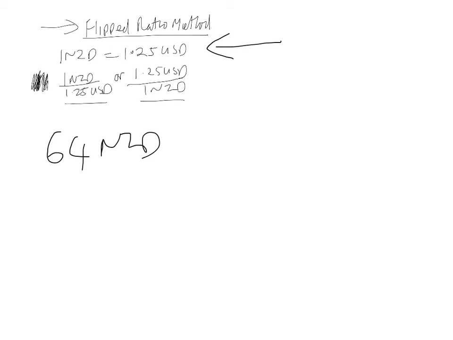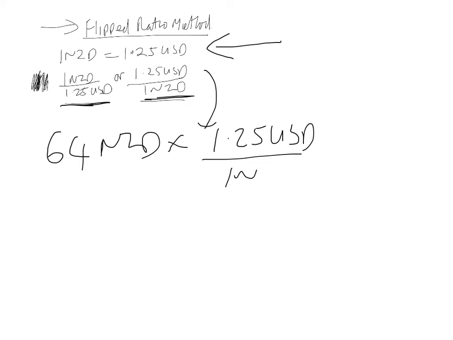Well, you're going to choose between one of these ratios, and we're going to choose this one. Why? Because if we use this ratio, these New Zealand dollars cancel out, and then we've just got a straight multiplication, haven't we?